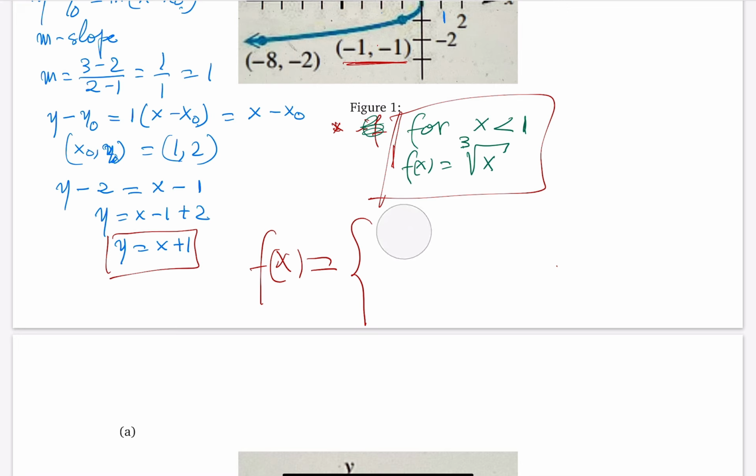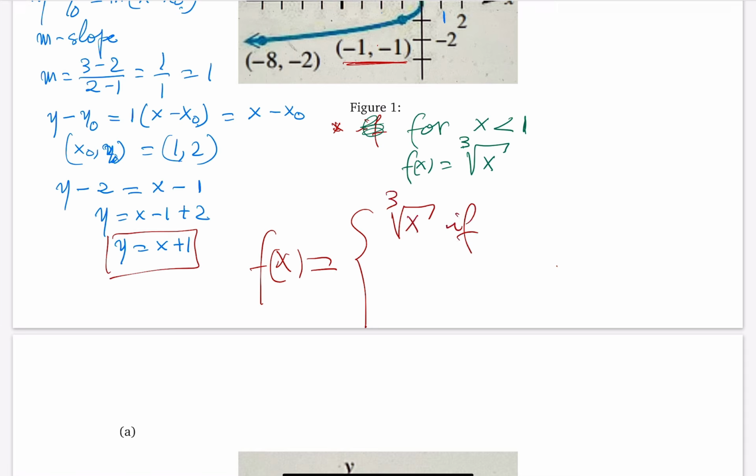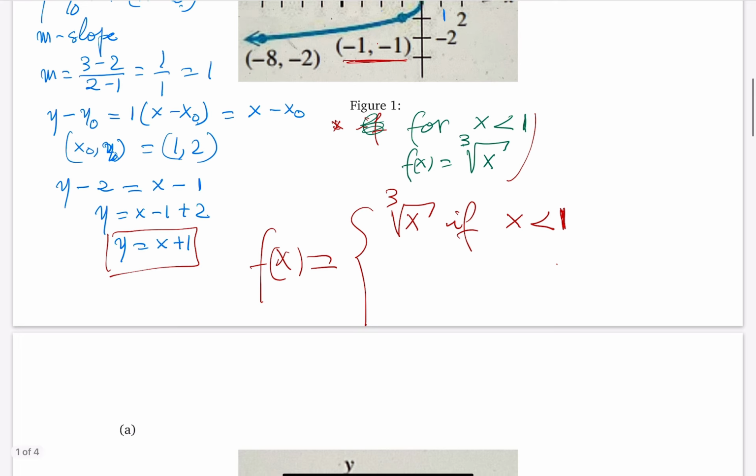Let me erase quickly. You have the cube root of x if x is strictly less than 1. And the next one, y is equal to f(x), remember, is just x plus 1 if x is greater than or equal to 1. That's it. That was the question they asked.